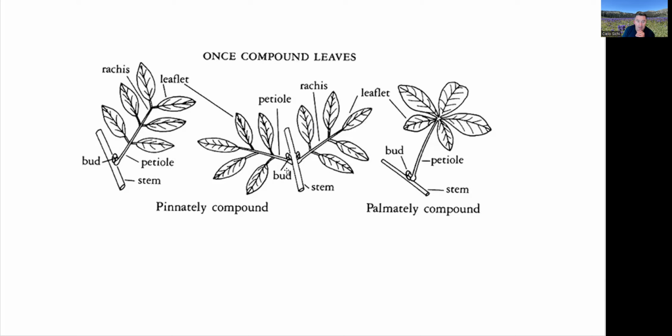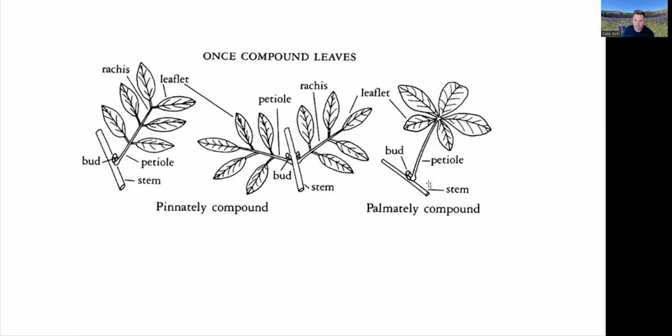Same thing: we've got a bud, the stem, node, petiole. After the first set of leaflets come off, it is the rachis, leaflet, leaflet, leaflet.